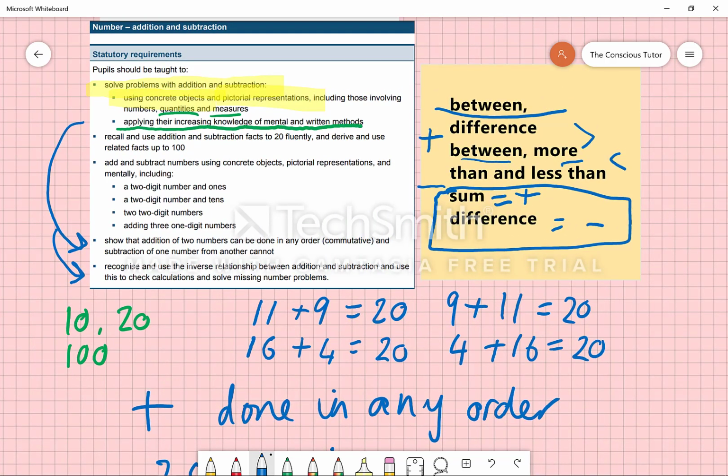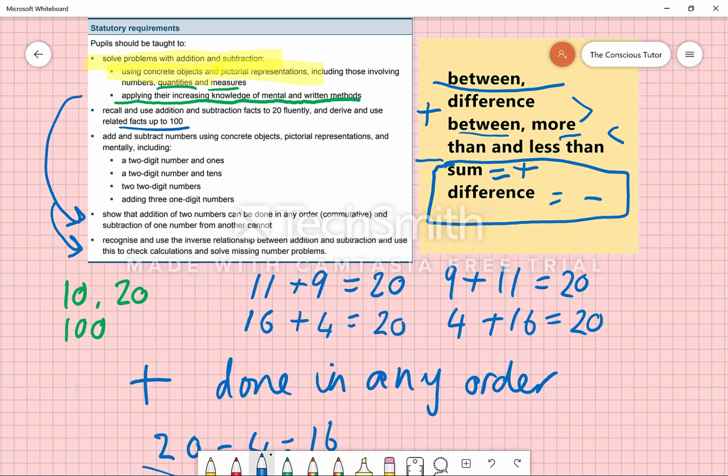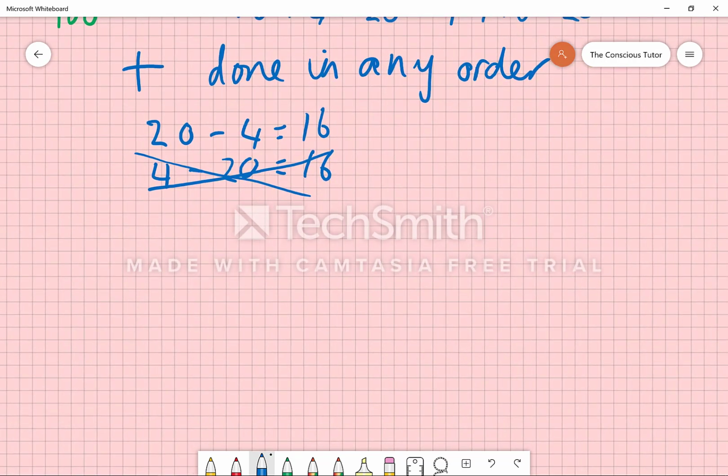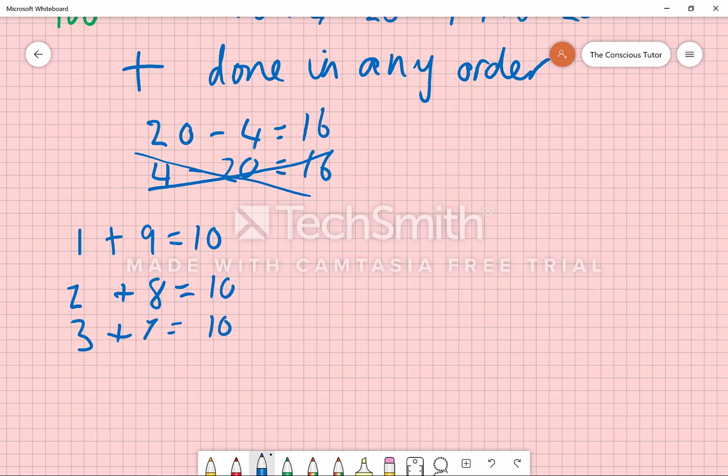This second objective also tells us that we need to know related facts up to 100. So we can use the knowledge of our number bonds to 10 to help us derive our number bonds to 100. And children are expected to begin to see the patterns and see the links.